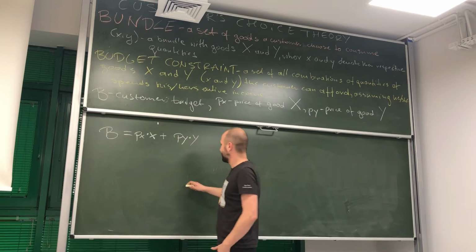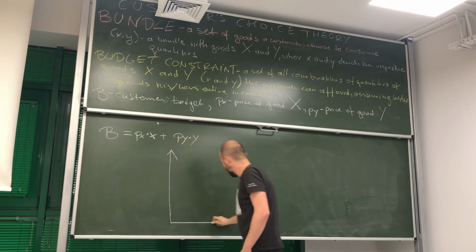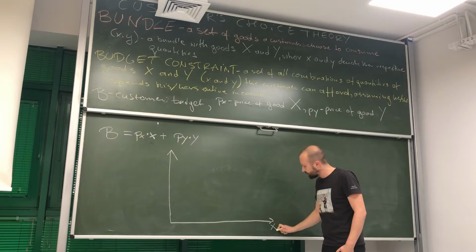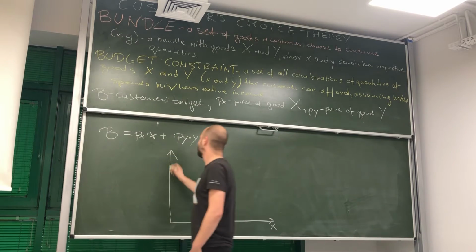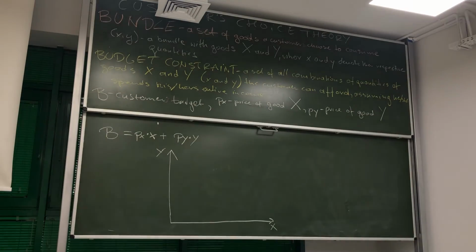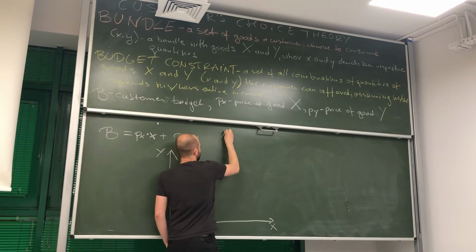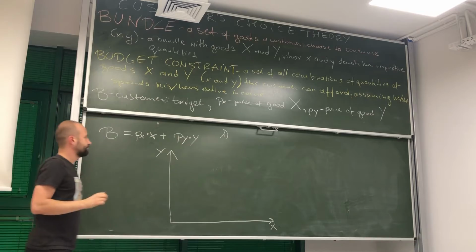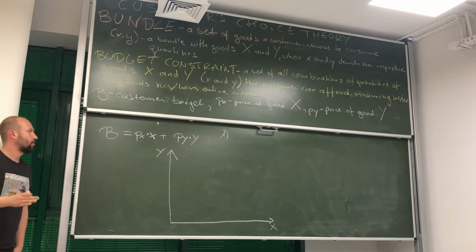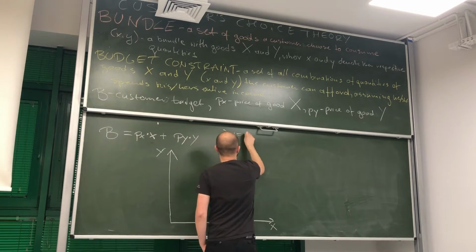Let me explain this with a graph. Let's just say that here we have how many units of good X the customer has and how many units of good Y. Let's consider different cases. Let's start with corner solutions. What if the customer spends the entire money on good X? This means that the spending on good Y is 0.